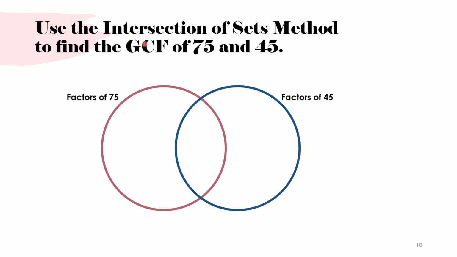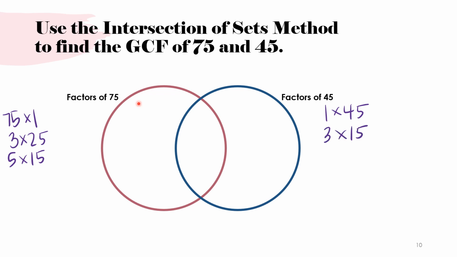Remember, common factors, that's what we're looking for. The first thing you want to do is just list out all the factors of each number. So the factors of 75 are 75 times 1, 3 times 25, 5 times 15. The factors of 45 are 1 times 45, 3 times 15, 5 times 9.